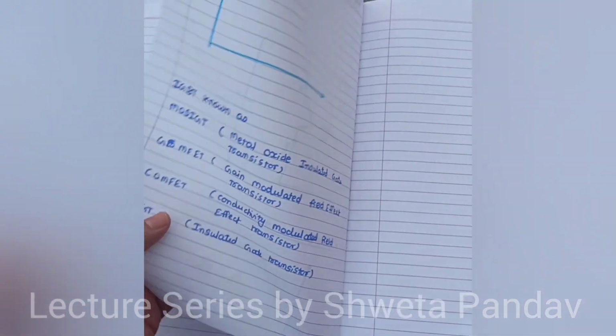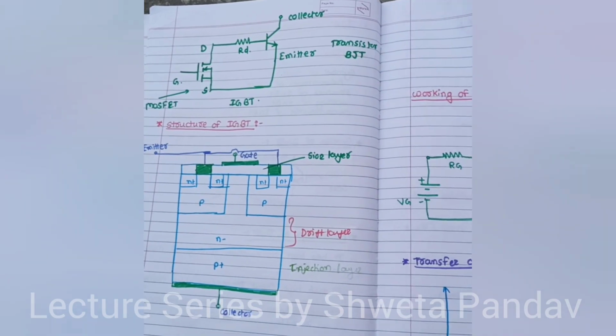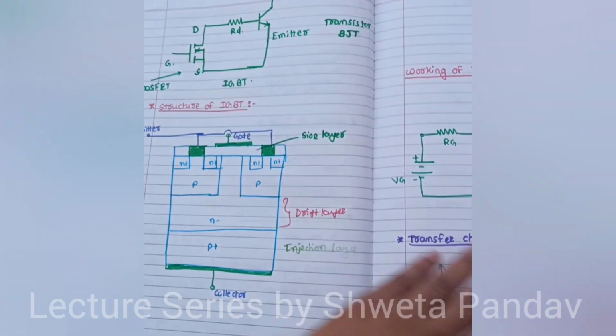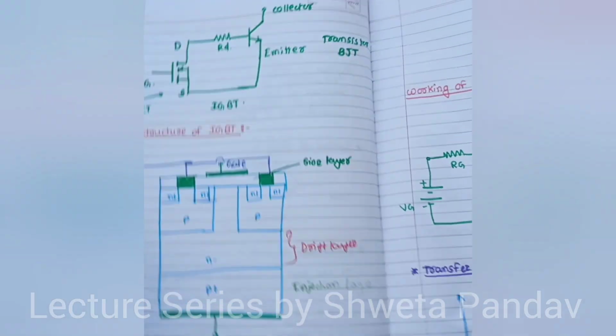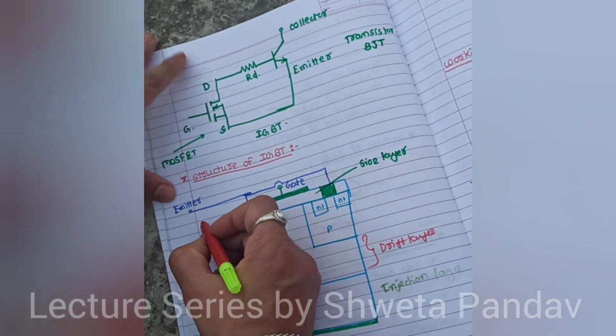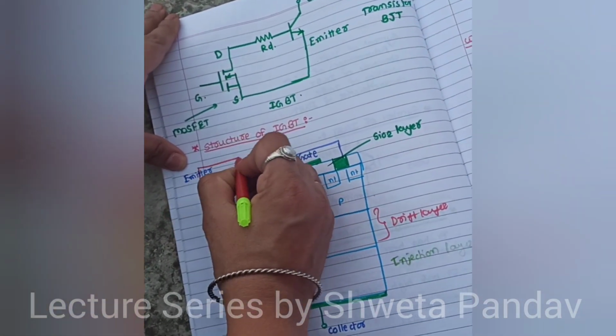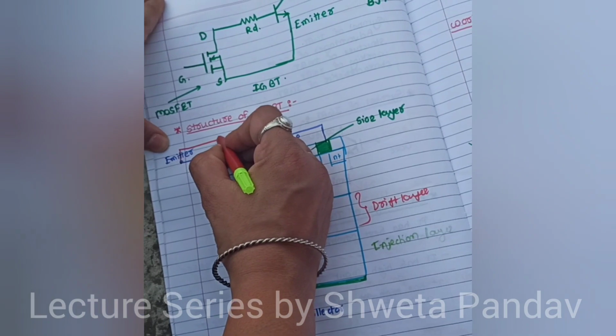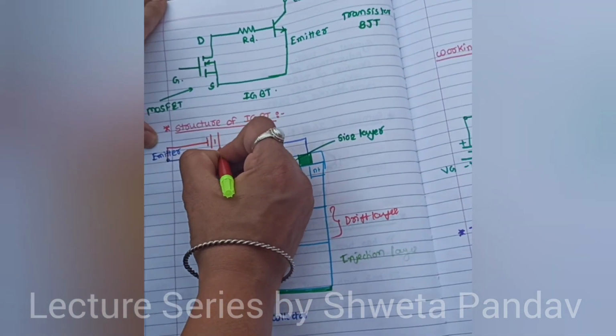Now let us connect a battery between the gate and the emitter, where the gate is connected to the positive supply and the emitter is connected to the negative supply.